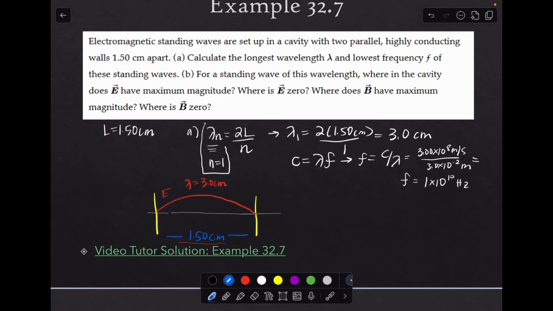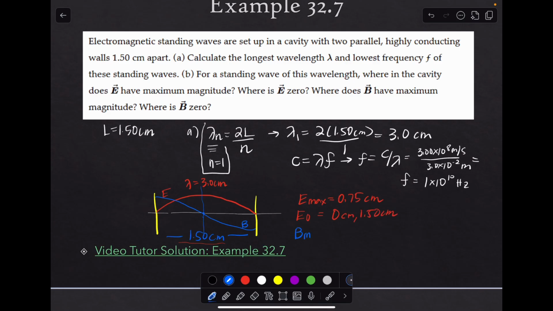Now the B field, remember, is out of phase, because the E field gets reflected at the boundary and the B field doesn't. So the B field has its 0 wherever the E field is a max, and it's going to have its max wherever E is a min. So if we go up here, that would be the B field. This is halfway. The E field is going to be a max at 0.75 centimeters, and 0 at 0 centimeters and 1.5 centimeters.